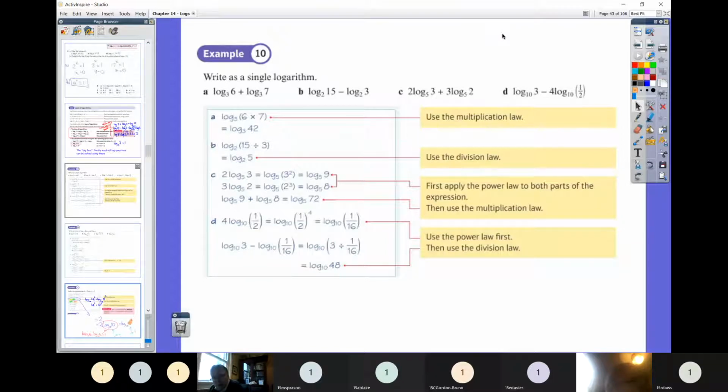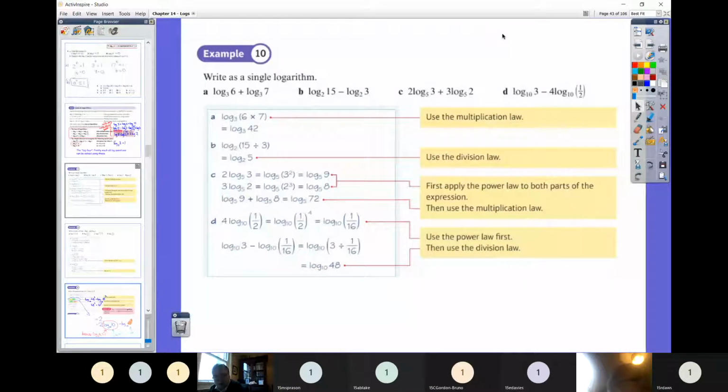So it becomes log 3 squared, and the second term we take the 3 upstairs, so that becomes log 2 cubed. So just look down on the left hand side. When we take those upstairs, we've got 3 squared, which is 9, and 2 cubed, which is 8, and then because we're adding those 2 logs, we can multiply them together to get log 72.